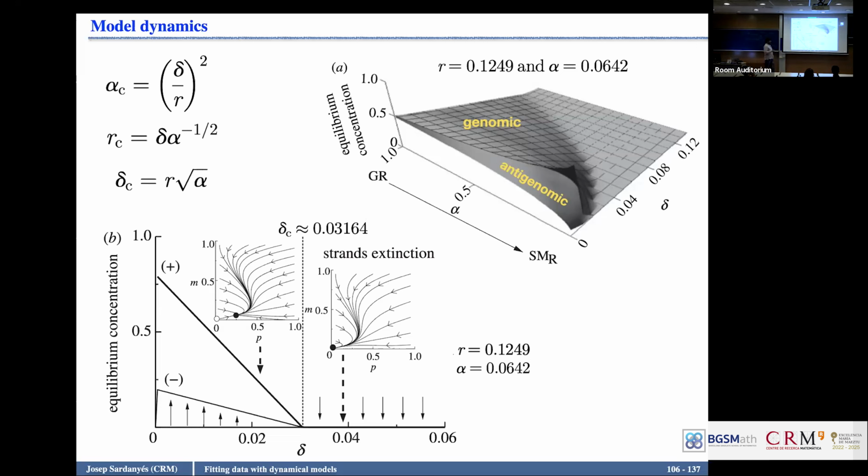It makes sense, because we have the negative sense strand that is producing a lot of positive sense strand, and we have few negative ones, and if these negative ones are removed, then the system stops. But if we have production of both of them, the system is more resilient, or more robust.